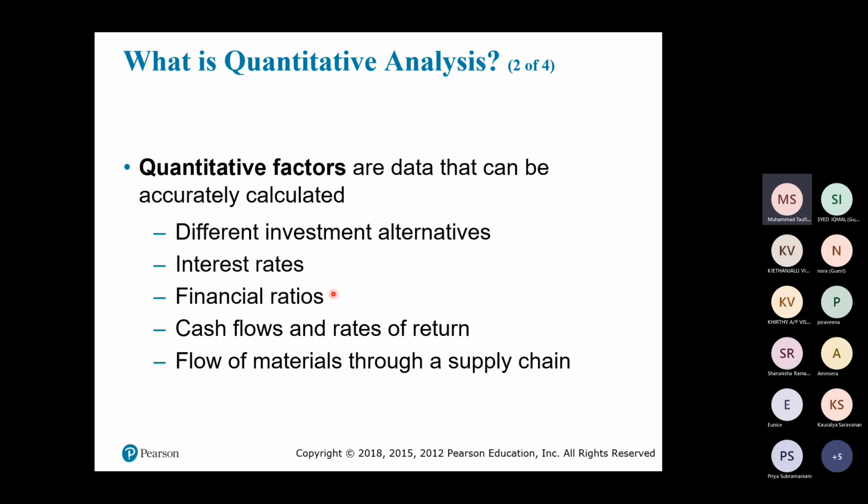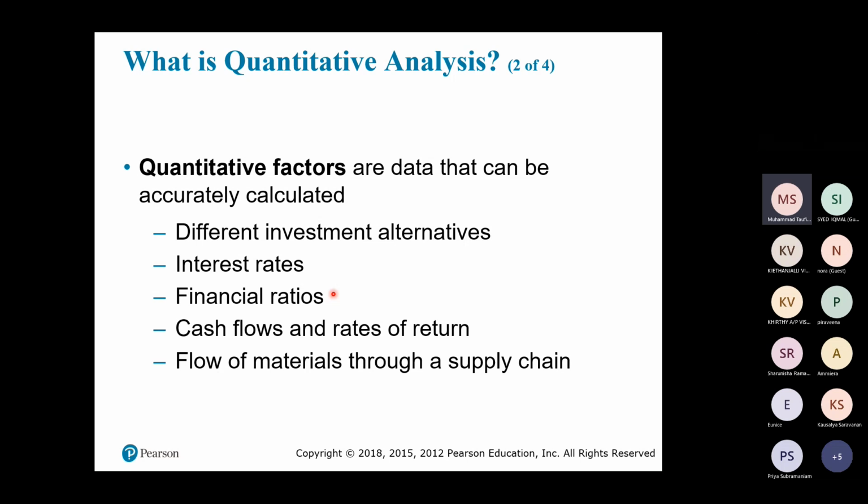Maybe 50% from you as the owner, another 30% from your friend's investment, and another 20% from a bank loan. So that is financial ratios.